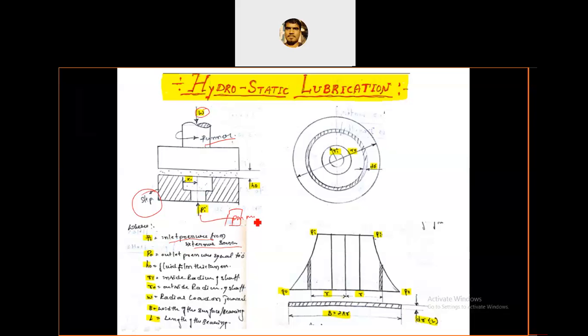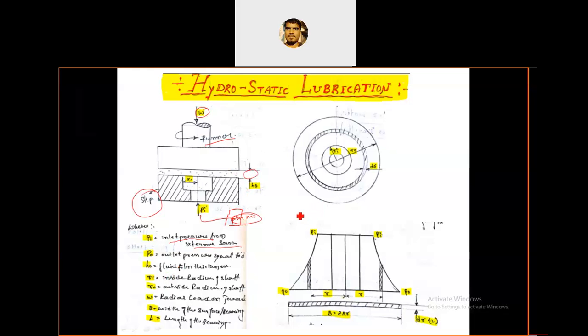The pressure at the pump is called the inlet pressure, denoted by Pi, and P naught means external pressure, that is, atmospheric pressure. H naught is the distance, the fluid film thickness.